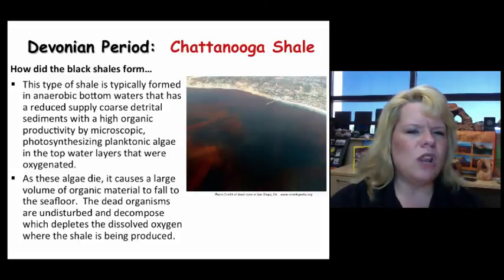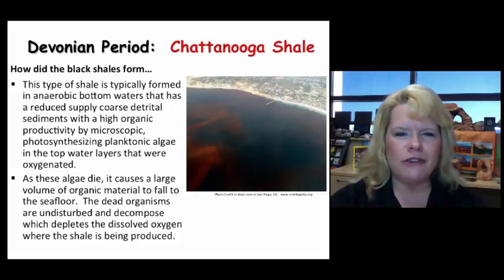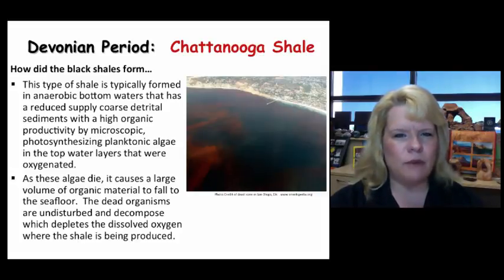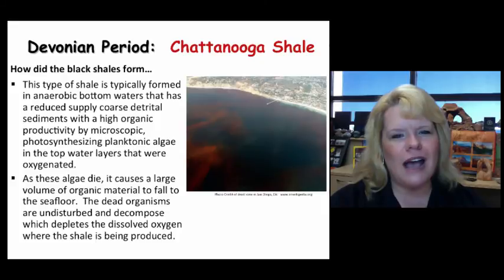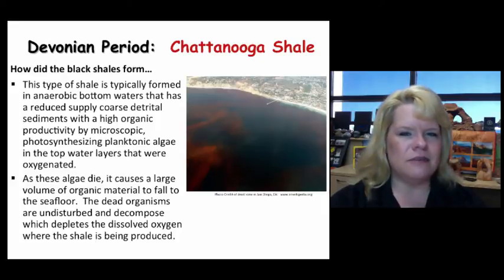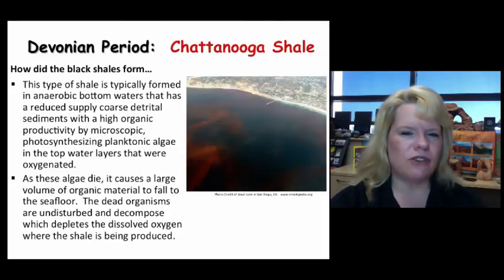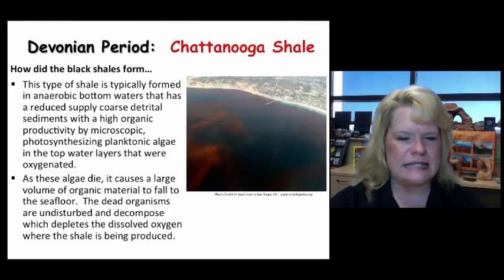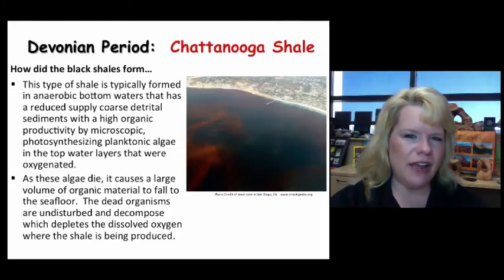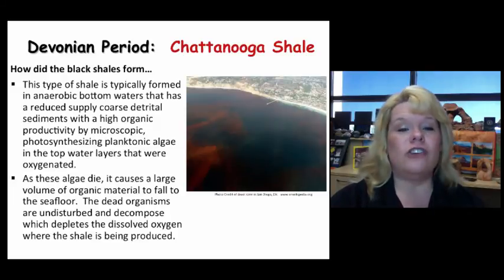And so we had these really productive microscopic animals at the top of the ocean that were photosynthesizing types of algae, like foraminifera, things like diatoms, things like radiolarians. These are the types of microscopic animals that you would expect to see. And this top layer would have been oxygenated, and these guys get a large algae bloom.